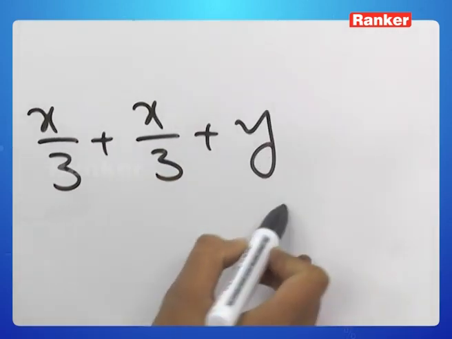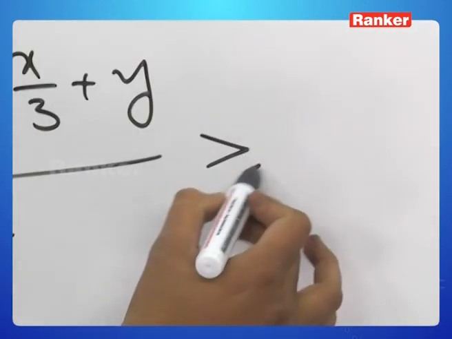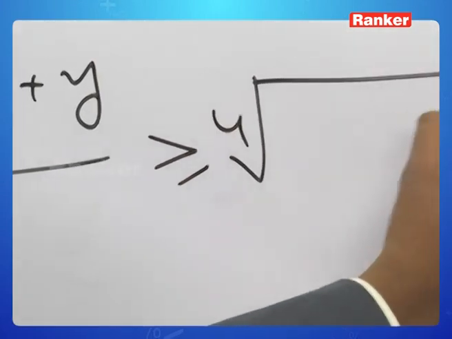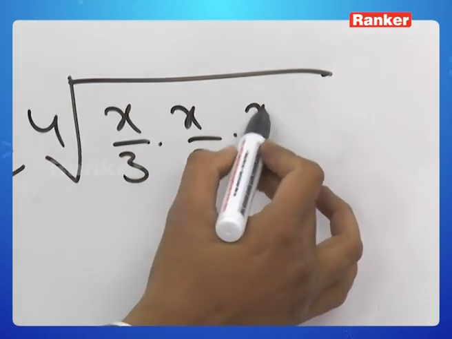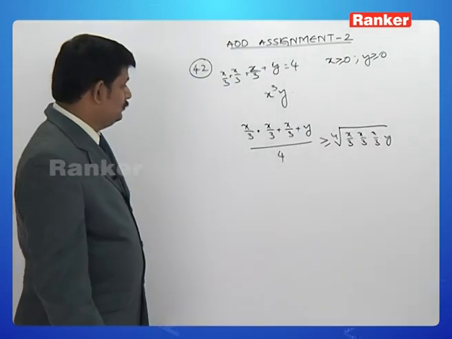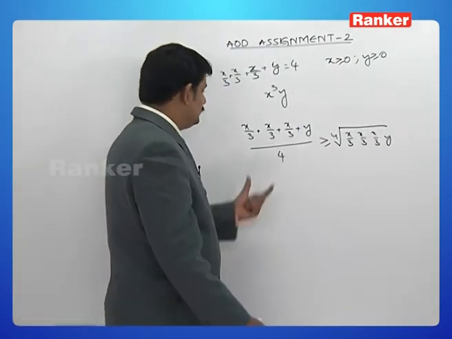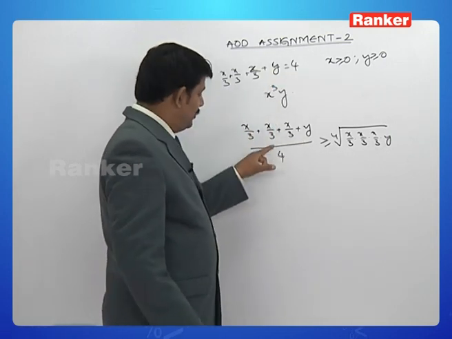Their sum divided by 4 will always be greater than or equal to the 4th root of x by 3 into x by 3 into x by 3 into y, their product. As the sum is given to be 4, 4 by 4 is 1.